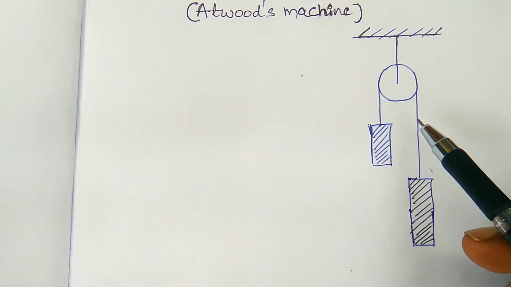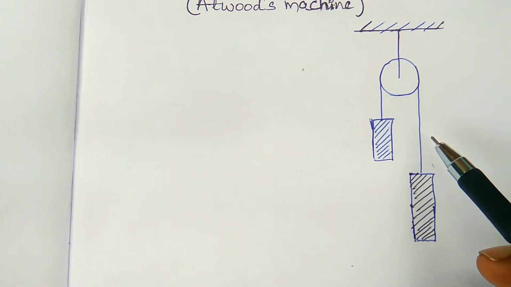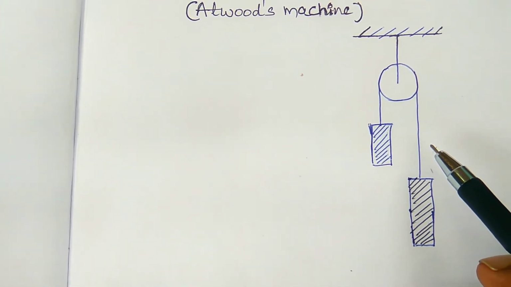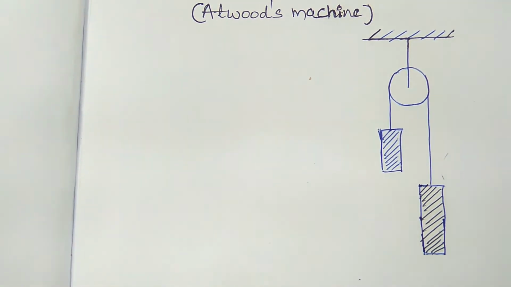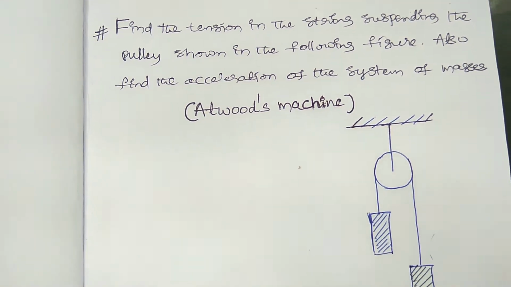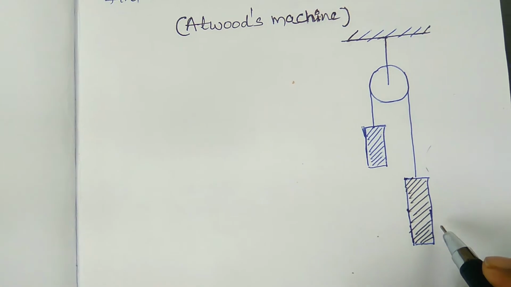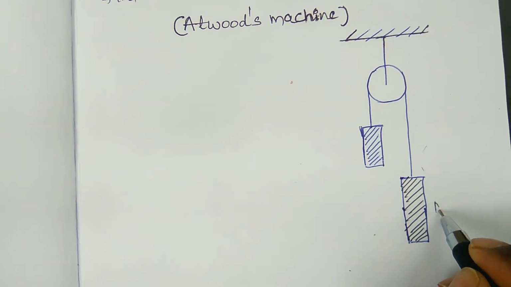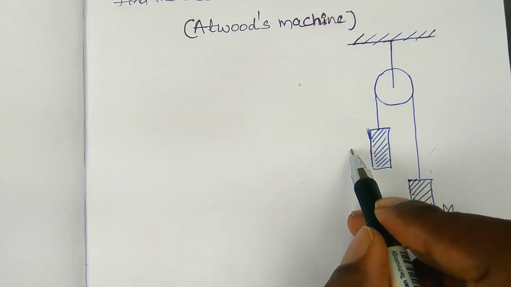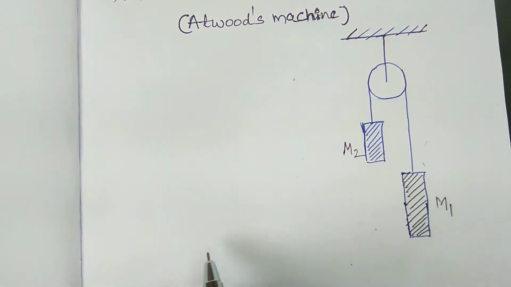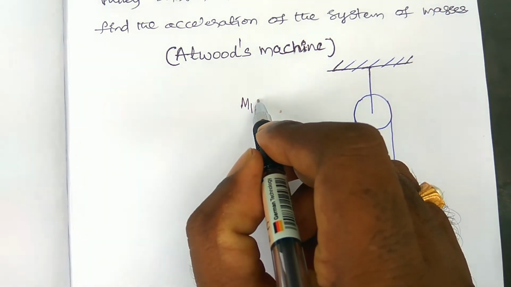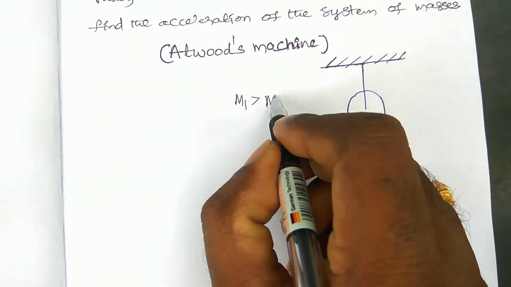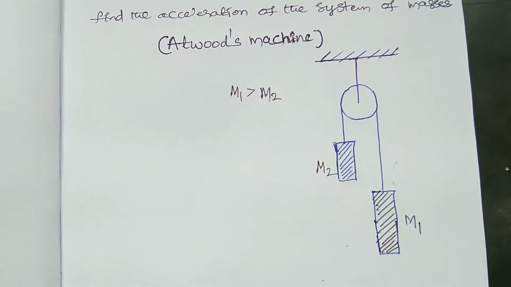This is classical mechanics to easily find the acceleration of the system. Here the case is that the weight m1 is greater than m2. So this is the main case in the Atwood machine.